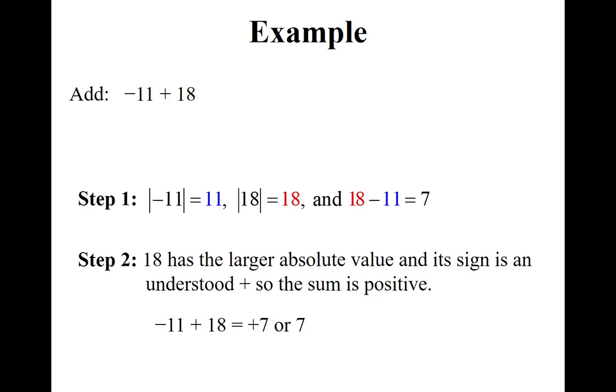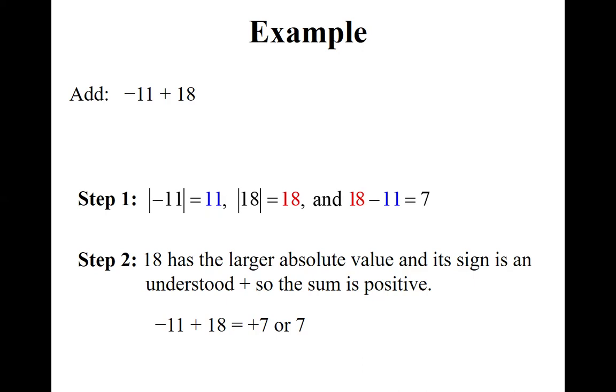So our answer is either going to be +7 or -7. It depends on the sign of the number that had the larger absolute value. 18 was the larger absolute value. 18 originally came from a positive number. So the sum is positive. Our answer is +7.